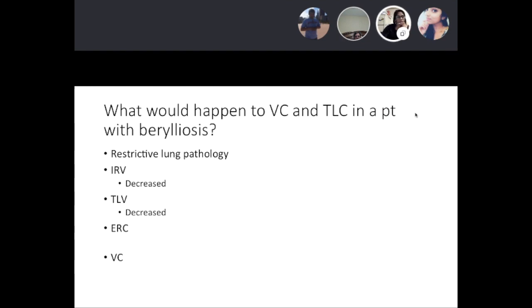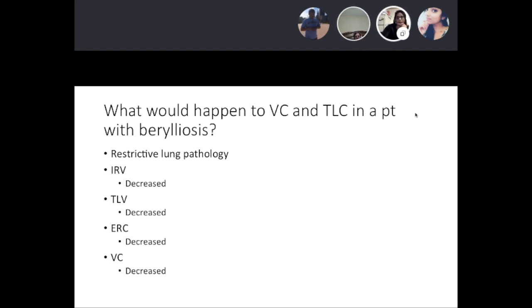And the expiratory reserve volume? Decrease. Yep, because if you're already inhaling low amounts, then you're not going to exhale anything more than that. And then the vital capacity, or the FVC? Decrease as well.